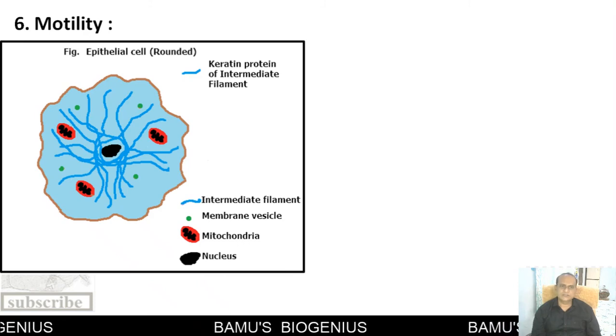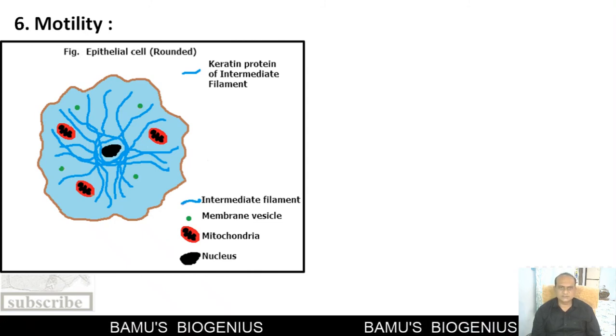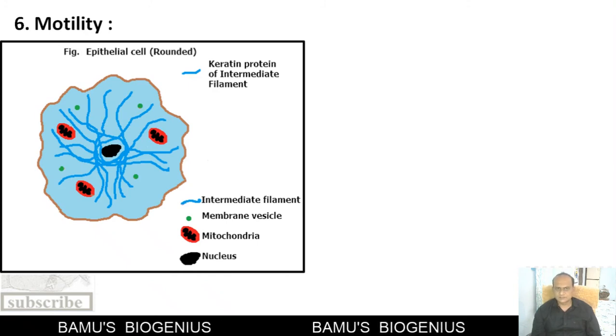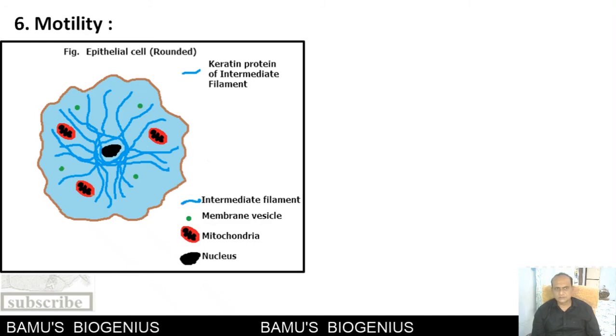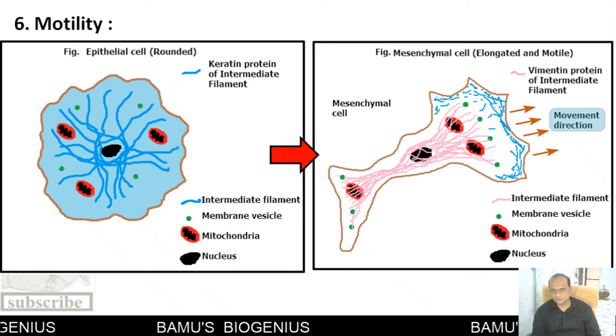It has been found that intermediate filaments are responsible for the motility of the cell. When keratin protein that is present in epithelial cells is replaced by vimentin protein, that means if the intermediate filament is made up of vimentin protein, the epithelial cells transform into mesenchymal cells. They become elongated and they also become motile.